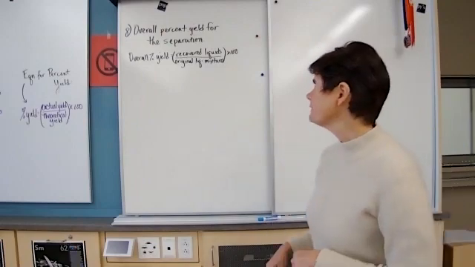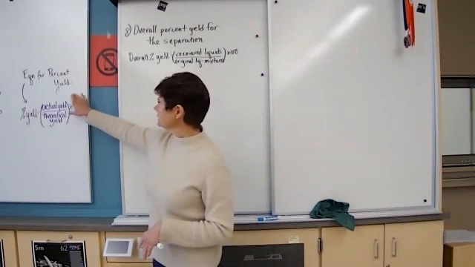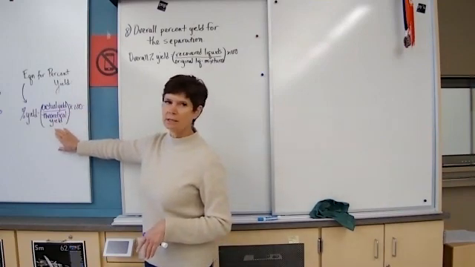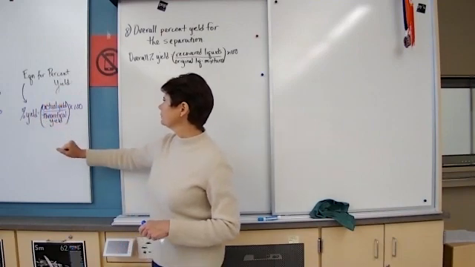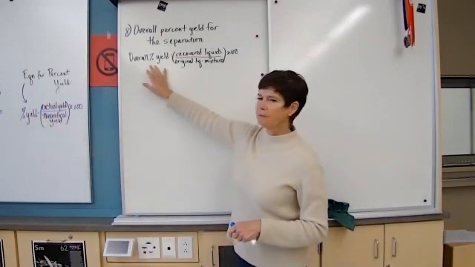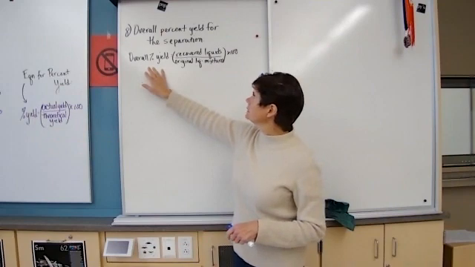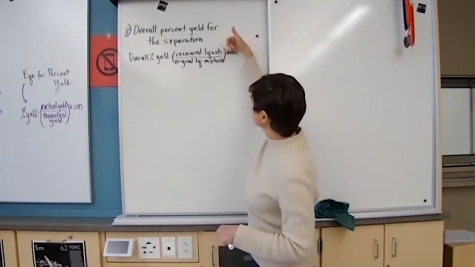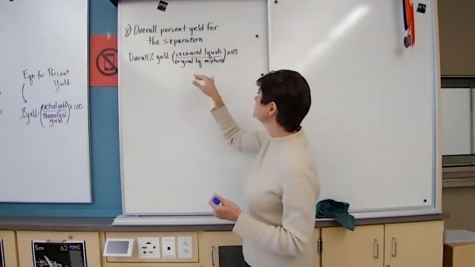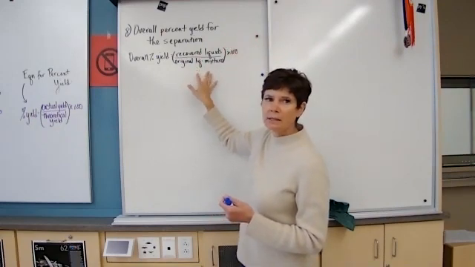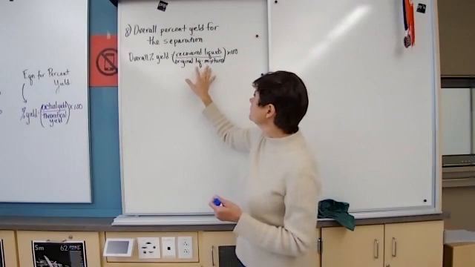So we're going to use a variation of the percent yield equation, where before we had percent yield is actual yield over theoretical yield times 100. If we're looking at our overall yield, we want to look at the recovered yield, so the amount that we have recovered for the liquids in this oil vinegar example, divided by the mass of the original mixture, and then take that times 100.